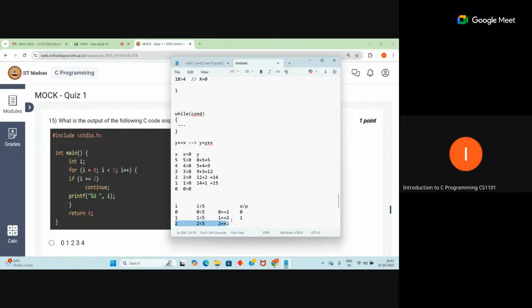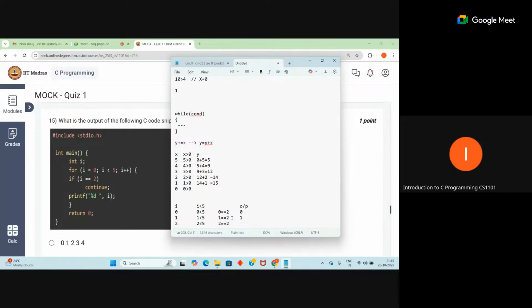Whenever you encounter a continue while executing, it will bypass the remaining statements of the current iteration, and it will again go to the beginning of the loop. Like it will go and increment the next value.